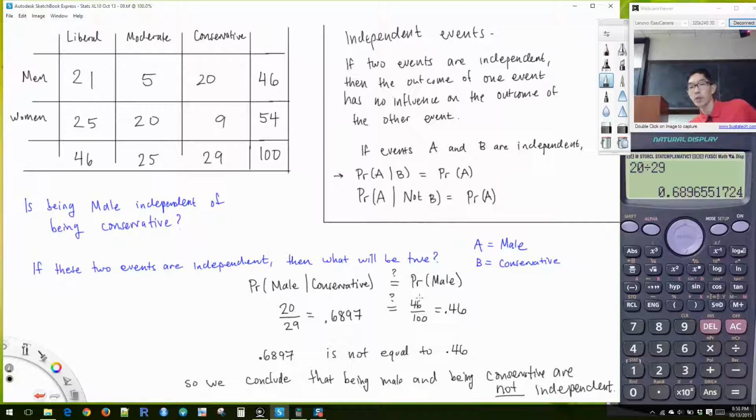And we see that these two numbers are not equal. So this relationship does not hold true, and that means they are not independent. Question? So an independent relationship, they would be equal to each other? If they were independent, these two numbers would turn out to be equal. Okay? All right.